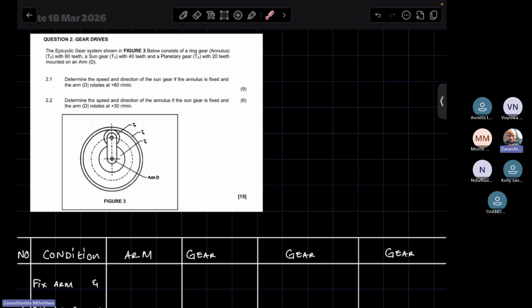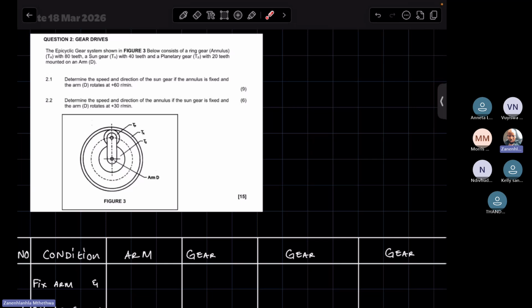So essentially, we've been given the number of teeth of all the gears that appear on this typical epicyclic gear system. You have an annulus, planetary gears, the sun gear and obviously the arm.